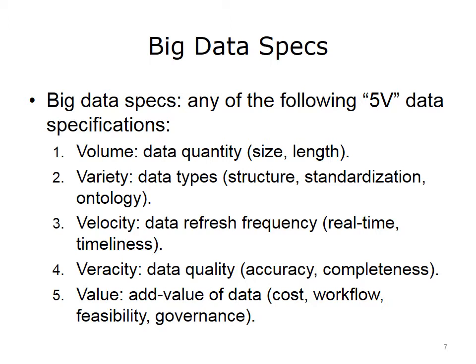A high velocity of data, with high frequency of refreshes, such as real-time data feeds. A complex veracity of data sources, with varying accuracy or completeness for population health analytics. And an ambiguous value of new data sources in terms of cost, workflow, complexity, feasibility, and governance.